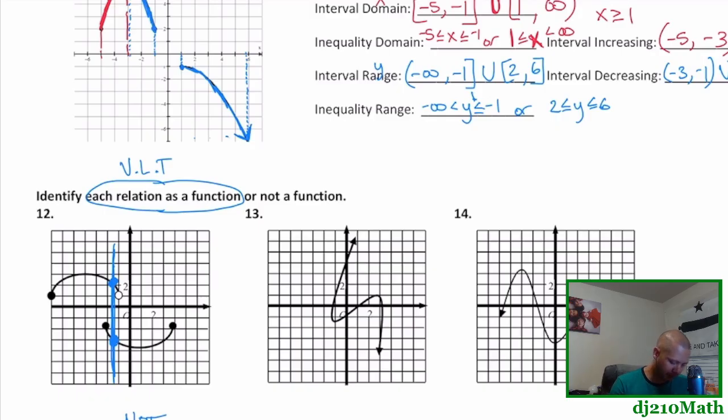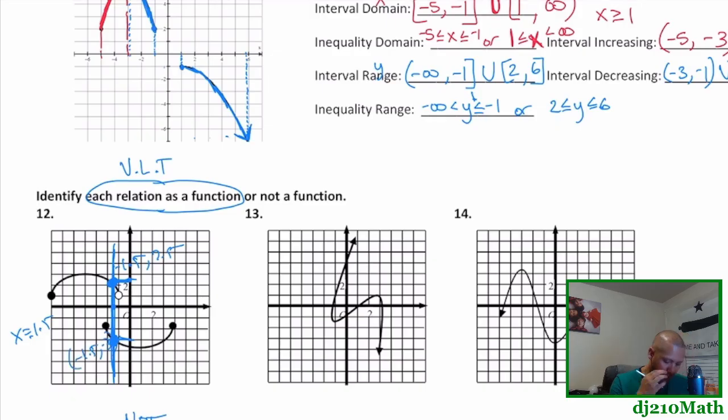Right. For this, we can call this x equals 1.5. When x is equal to 1.5, the y is equal to two different y values. Right here, this is 1.5 comma 2.5, and this is negative 1.5 comma negative 3.